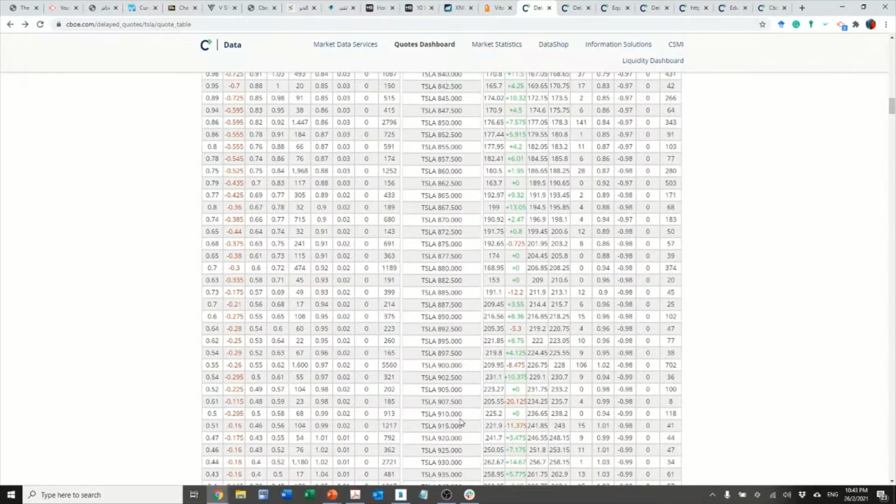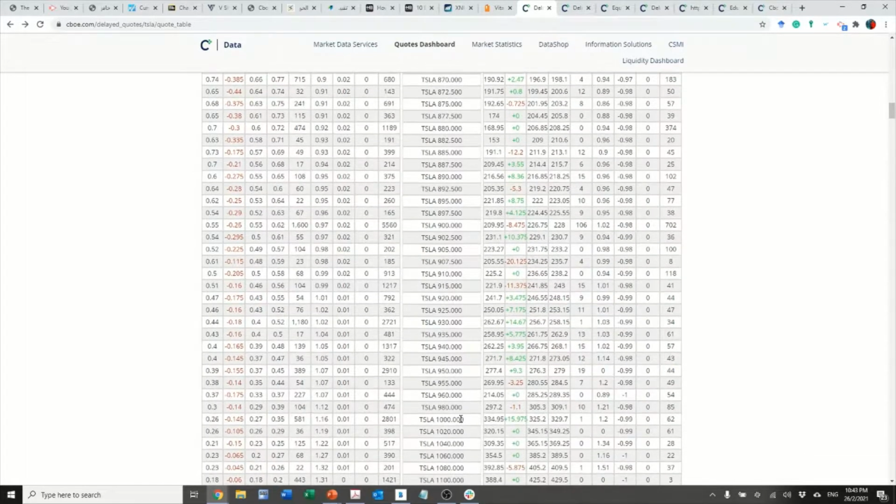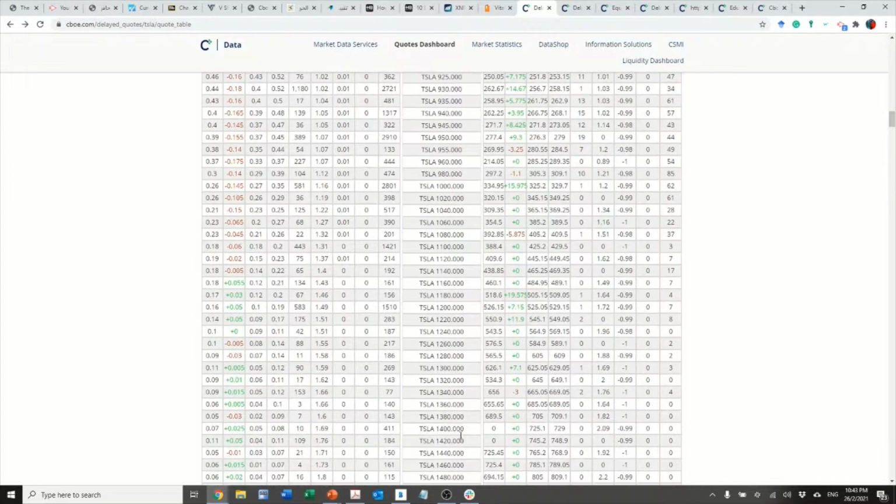It all depends on the demand of investors. So at a certain point, the increment has become 20.